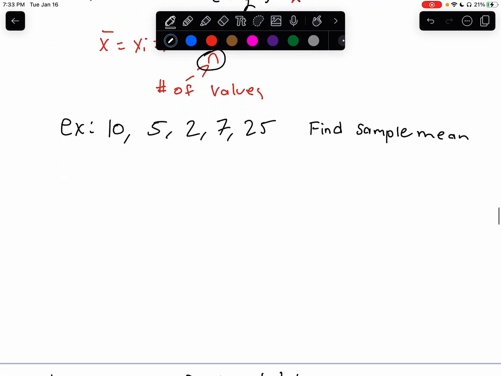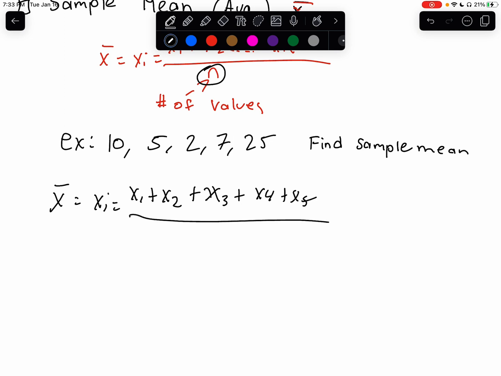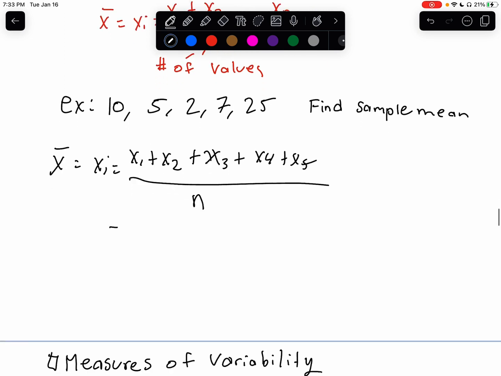An example of this, we have 5 numbers here, so what we have to do to find x, we can rewrite it as the sum of xi equals x1 plus x2 plus x3 plus x4 plus x5. So all 5 x's divided by n. We can get now 10 plus 5 plus 2 plus 7 plus 25 divided by 5.